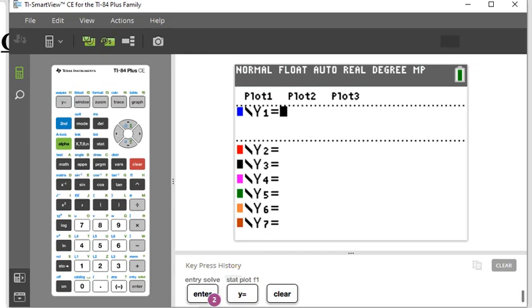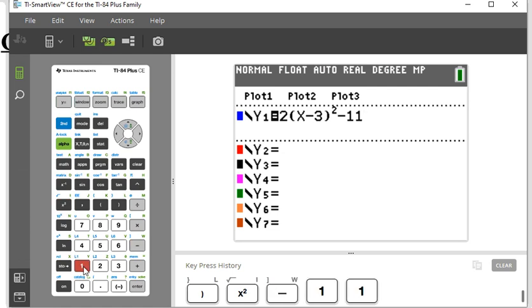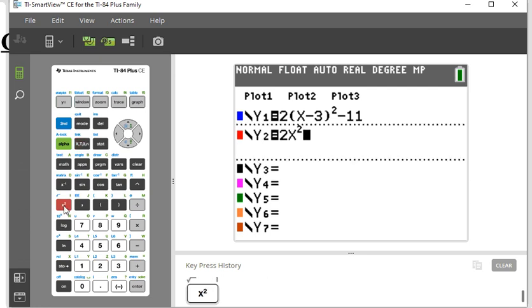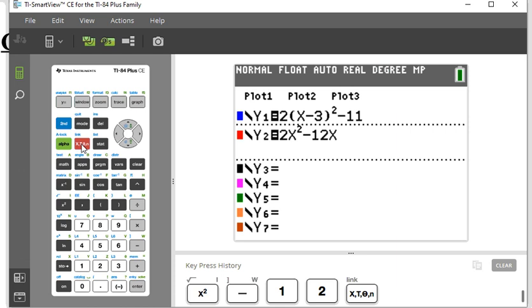So if I punch in both formulas or equations here, 2 bracket x minus 3 bracket squared minus 11. That's our vertex form. We simplified it to 2x squared minus 12x plus 7. That was our standard general form.